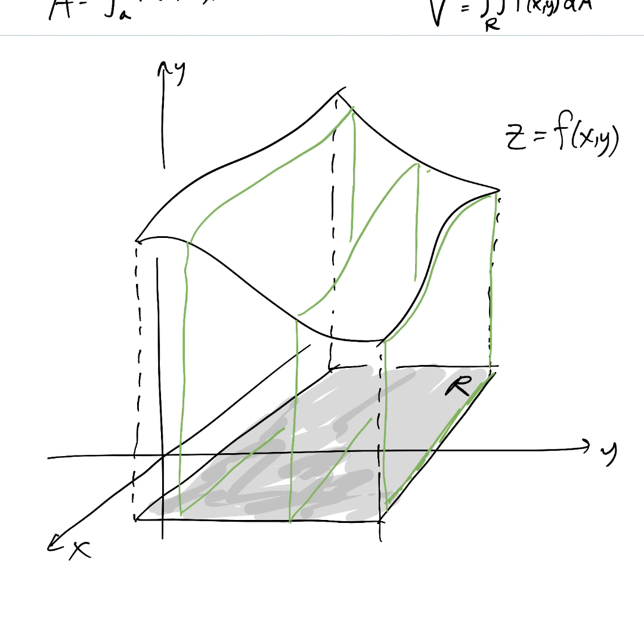Each of those has some kind of area. So if I shade this slice in, that has some sort of two-dimensional area.